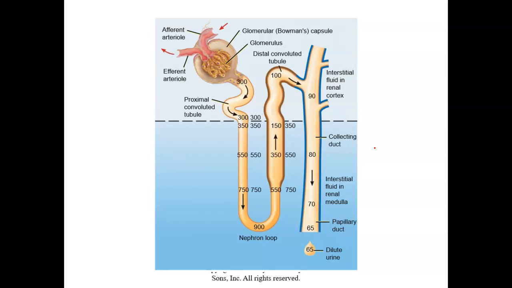If I just drank a bunch of liquid, if I just drank 8 glasses of water, do I need to retain 64 ounces of water? No. So I'm going to need to get rid of large amounts of that.